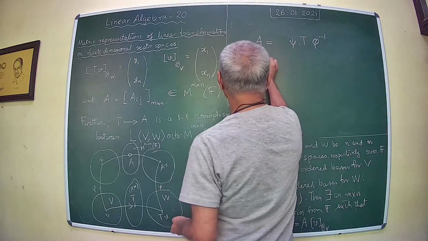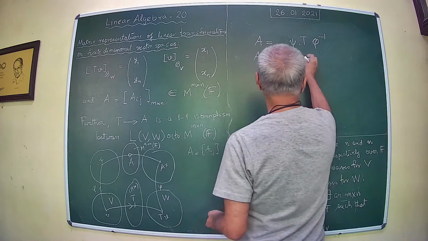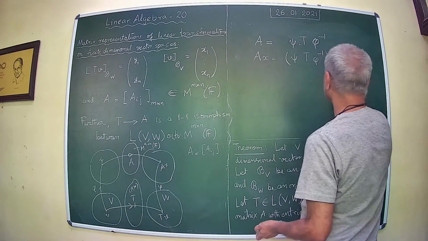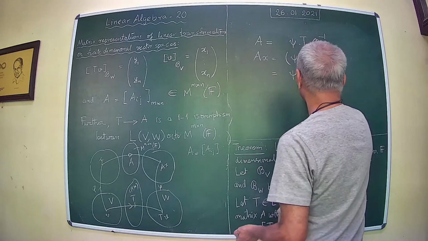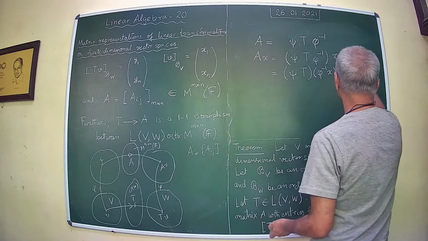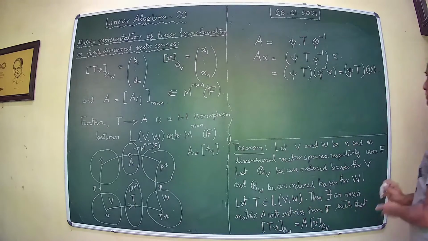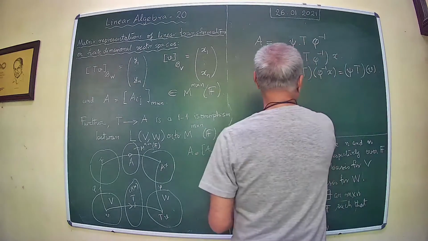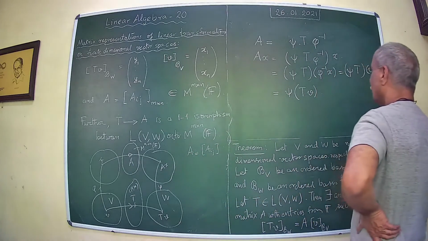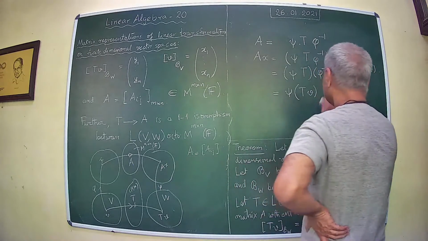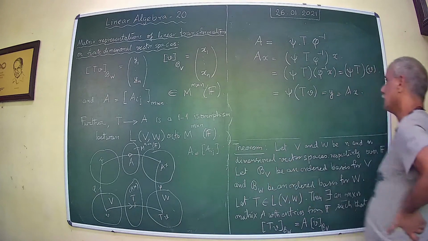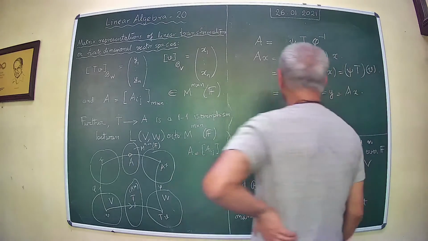By obtaining the following, that AX equals psi T phi inverse of X, which is equal to, since phi inverse of X is v, psi of T of v, which is equal to y, and we have y equal to AX. Okay. So you get this relation.